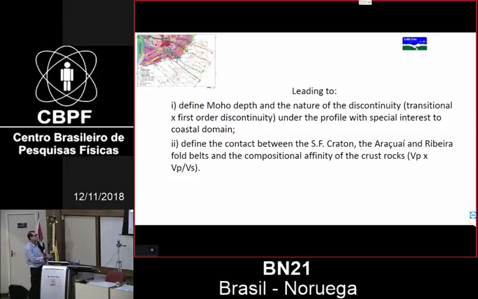With the Poisson ratio, we can define if the rocks are felsic, transitional, or massive, and then help to map and understand the evolution of the crust under the profile.